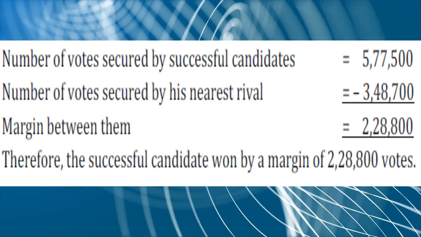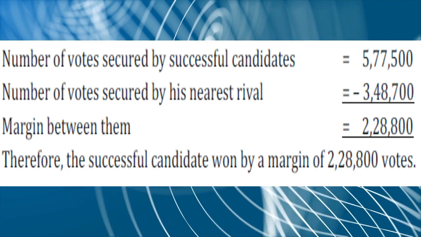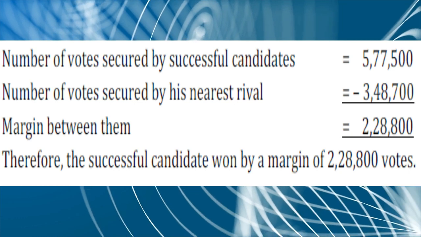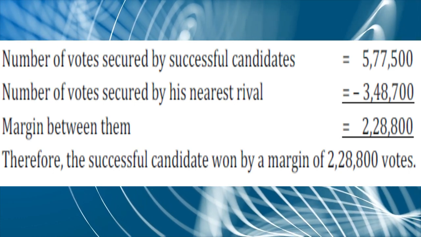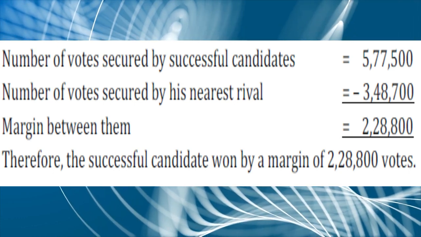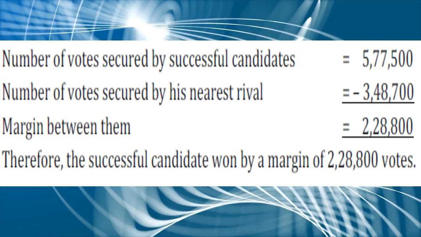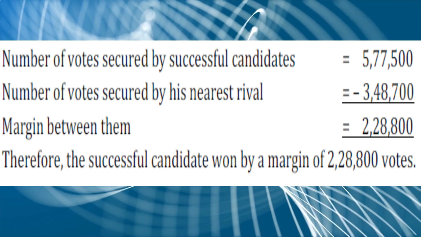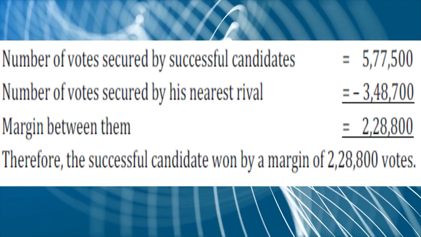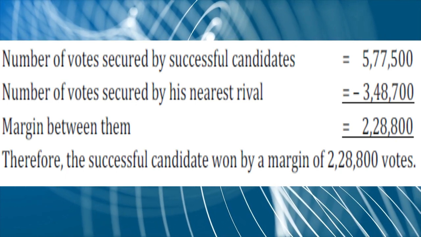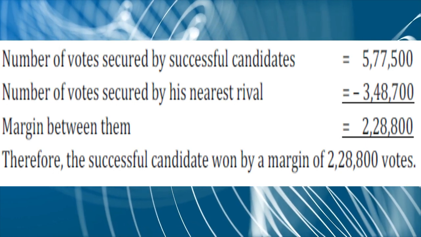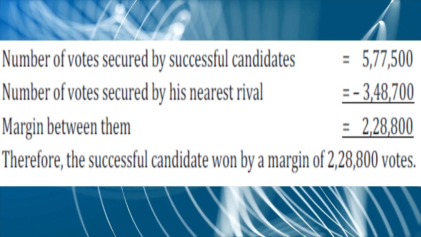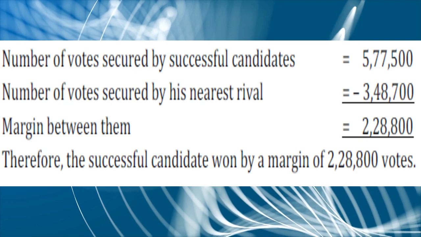After subtracting, you will get the margin between them is 2,28,800. So how to write the statement now? The successful candidate won by a margin of 2,28,800 votes.